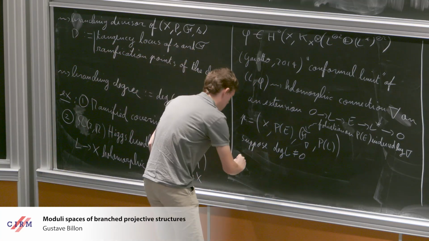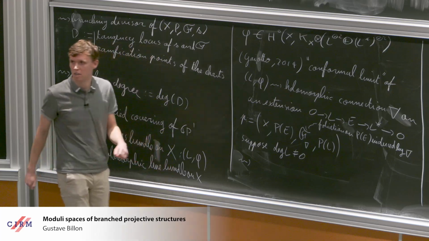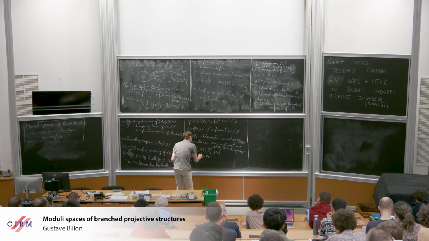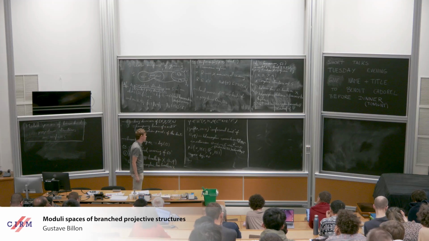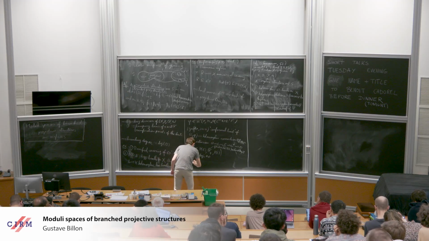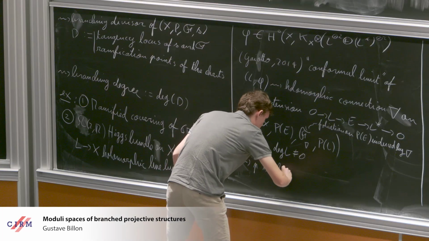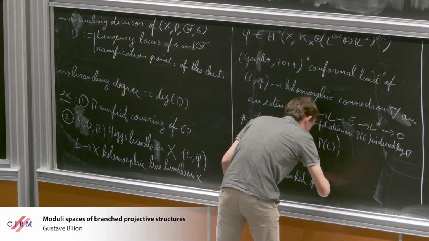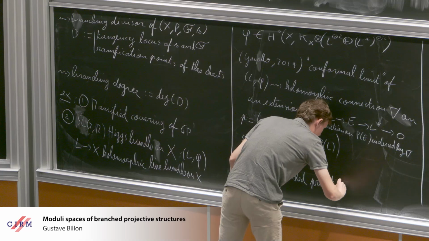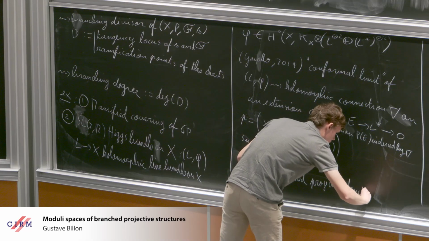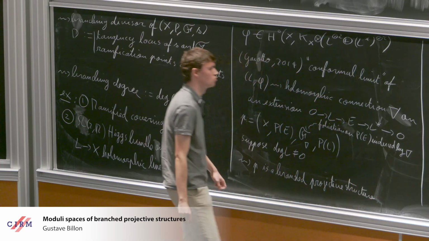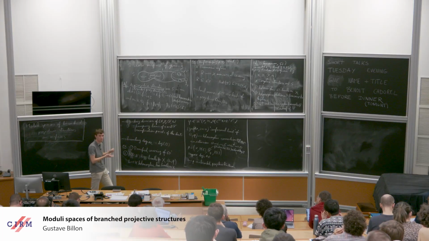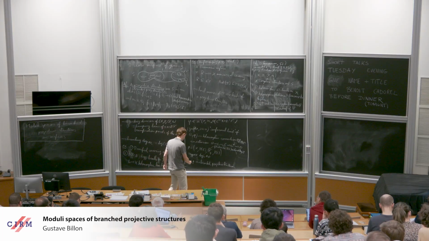Then L is not preserved by the connection, and so P(L) is not a leaf of F_nabla, and so P is a branched projective structure. So this is a context where branched projective structures appear.